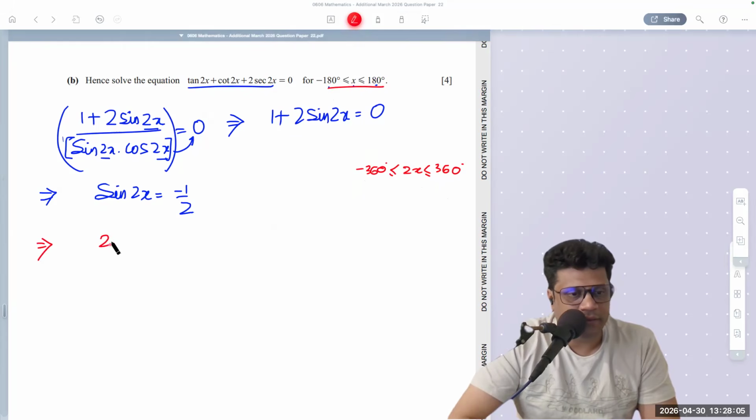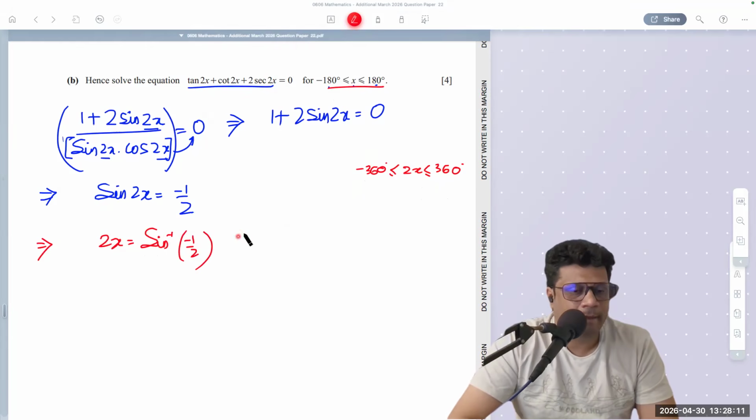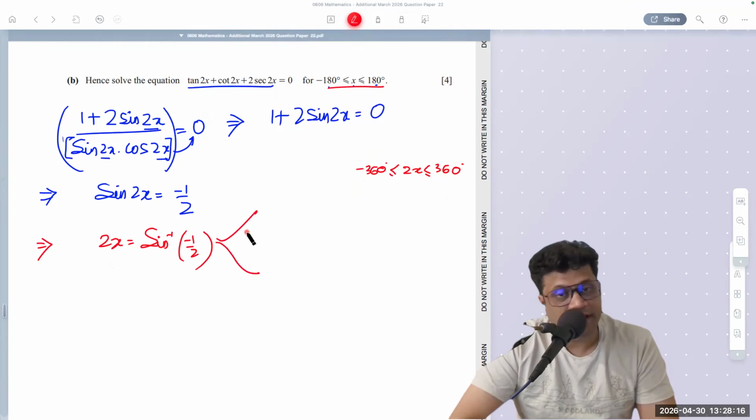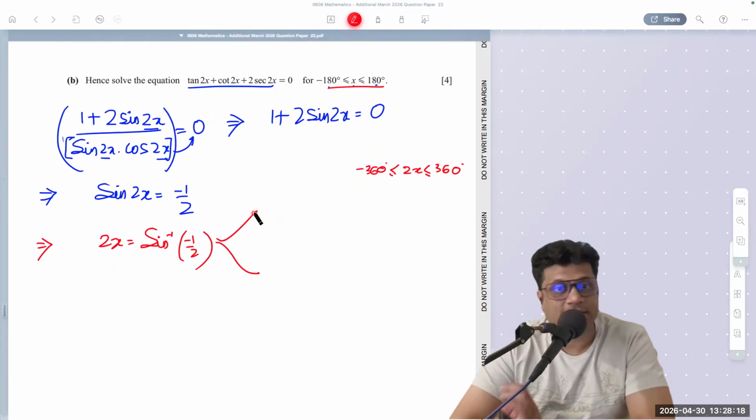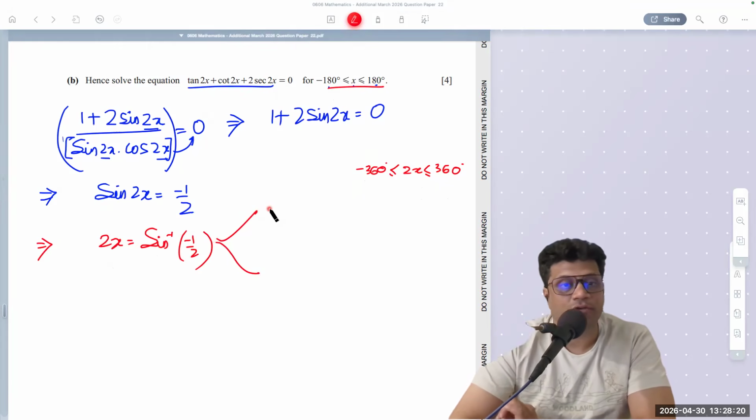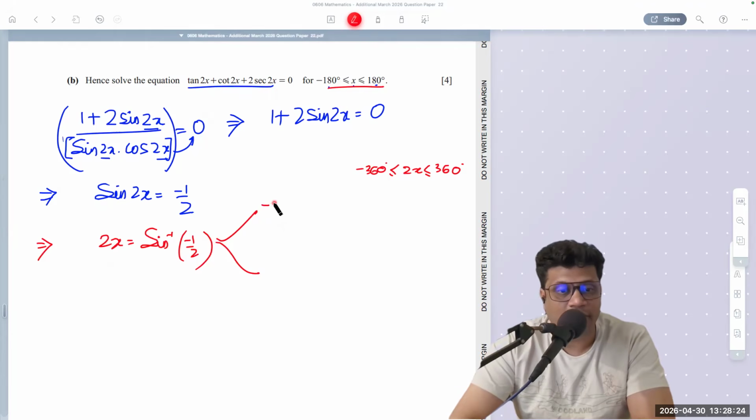Which means 2x being a sine inverse minus 1 by 2 gives you first two results. This is a calculator paper, so you can use your calculator. Sine inverse of minus 1 by 2 on the calculator will fetch you a negative 30 right away.